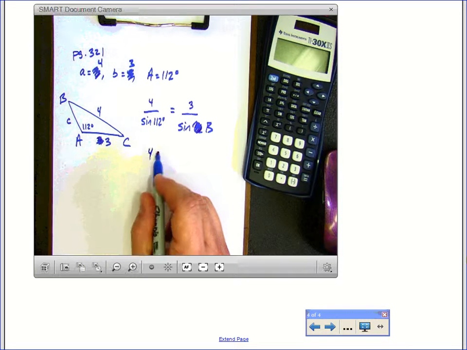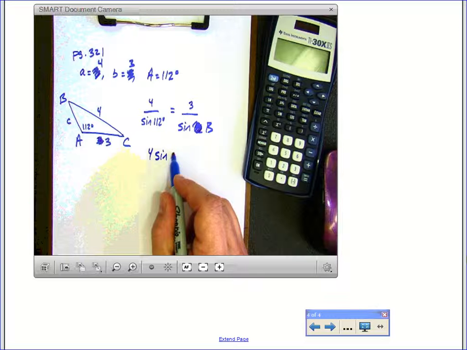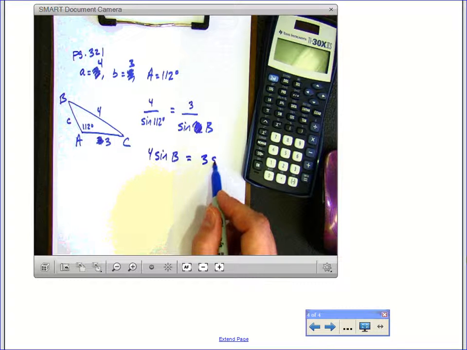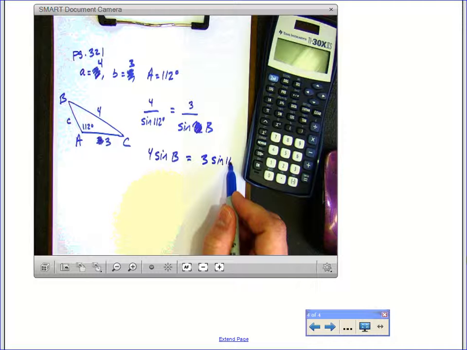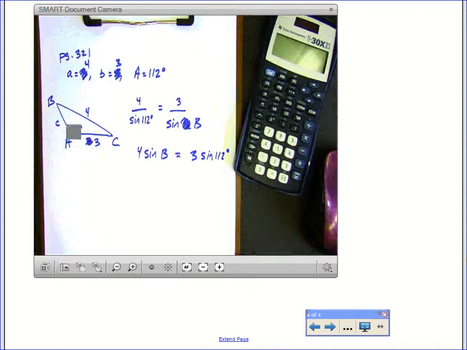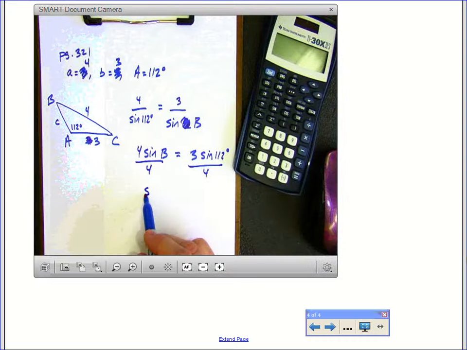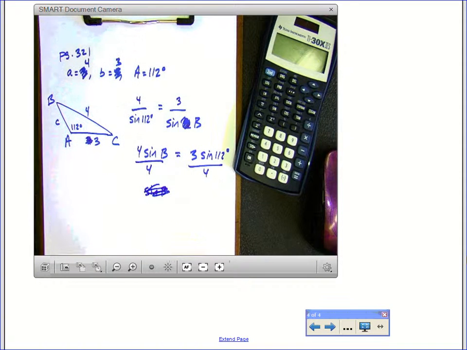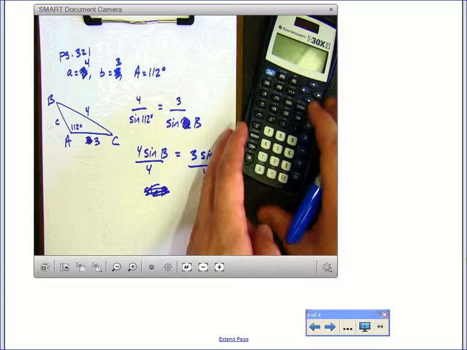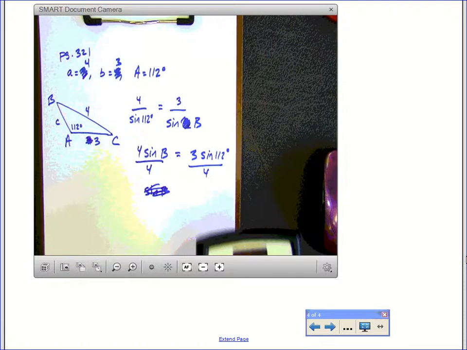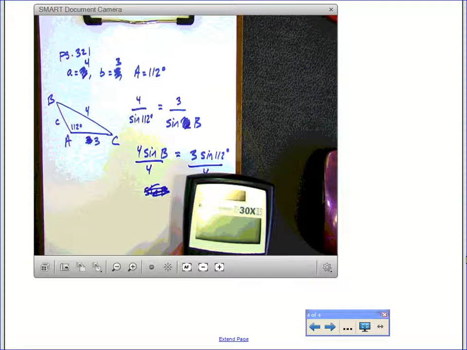So we get 4 times sine B equals 3 times sine of 112. Okay. All right, divided by 4. Right. So let's just skip that step and do what you said there. Let's just find the inverse of that. All right, so let me punch it in here.